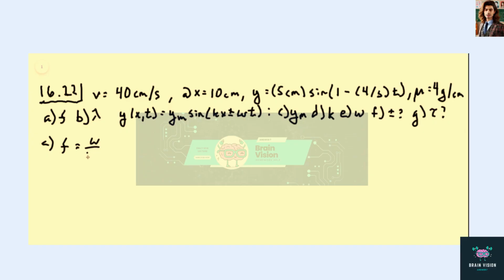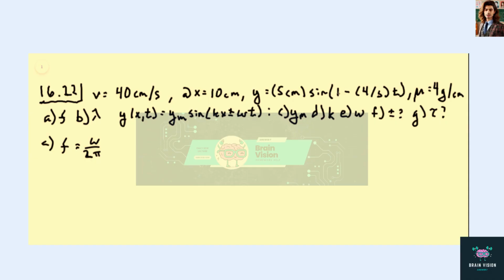So f is equal to omega over 2 pi. We can see right here that omega is just 4 radians per second, because the omega t part here has not been changed.